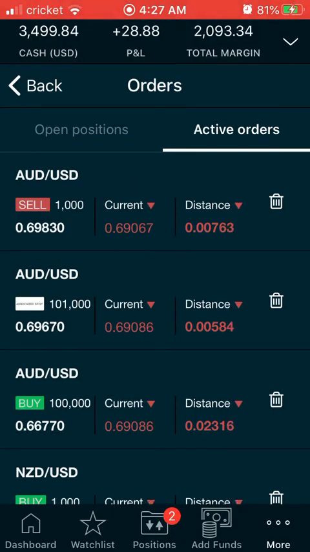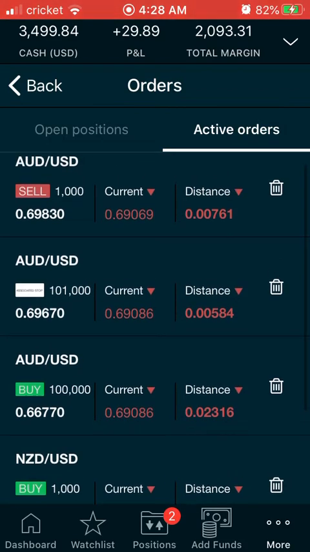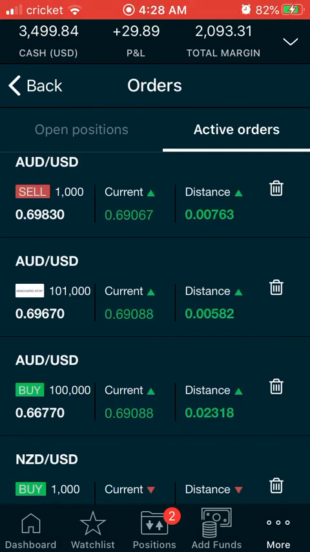And so as you can see, when you go to view orders, it's under active order. And so I have one scout at the 0.6983 and another scout at 0.967.